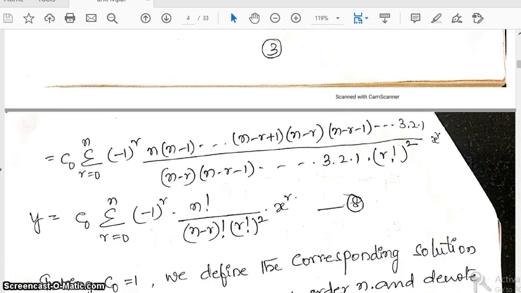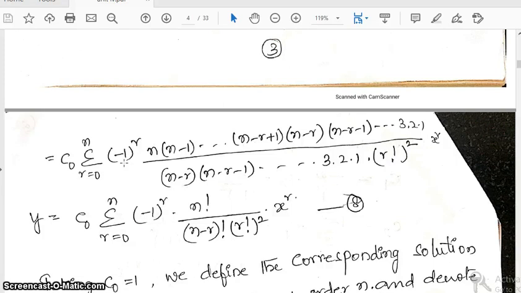Now that equals C_0 into summation (-1)^R into, now multiplying and dividing by 1 into 2 into 3 into so on (n-R), we get summation R equal to 0 to n, because if R is greater than n, all the values C_(n+1), C_(n+2), and so on are 0.